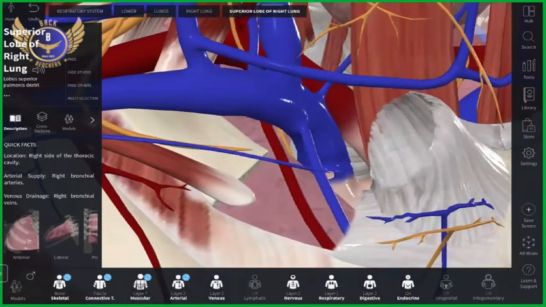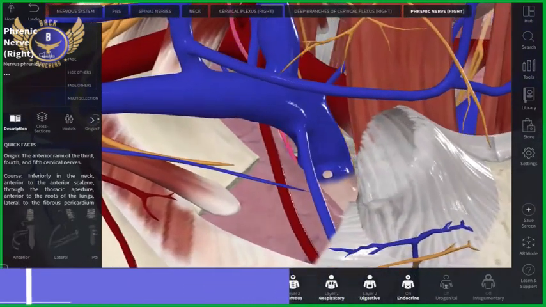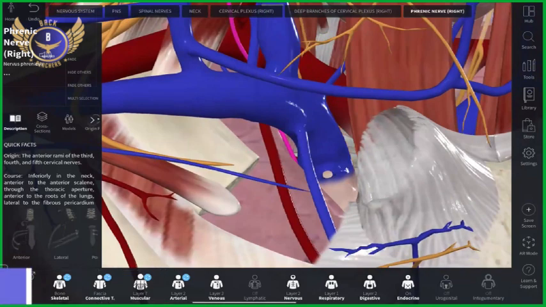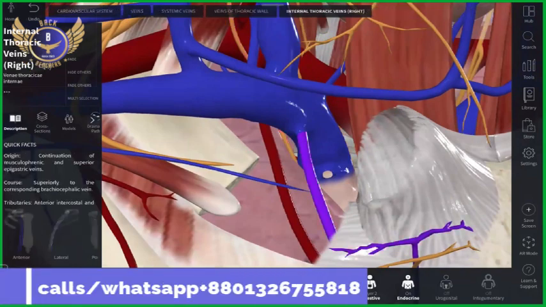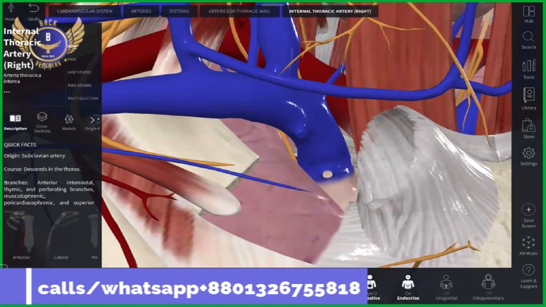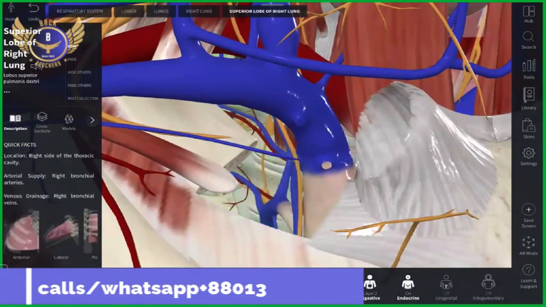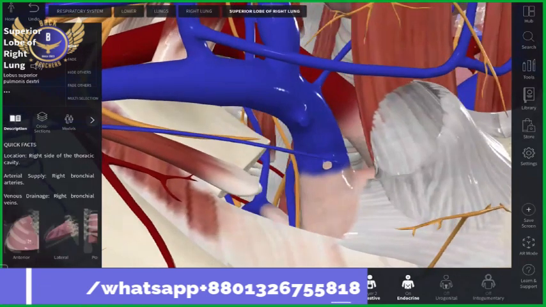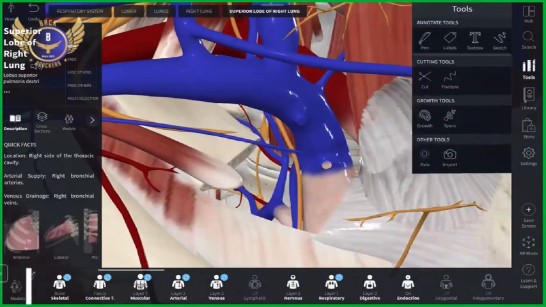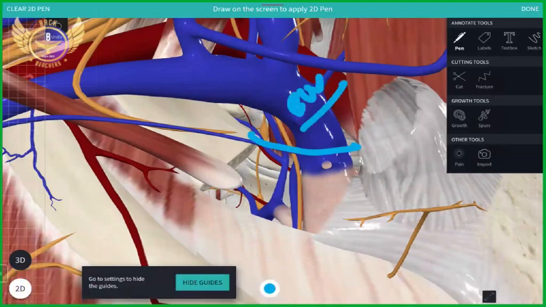See, this is our brachiocephalic vein, and the phrenic nerve is just lateral to the brachiocephalic vein, and the brachiocephalic vein is just medial to the phrenic nerve. So this is a very, very important thing to know. So this is the entrance. BCV is medial.